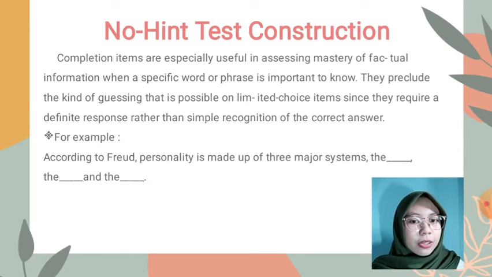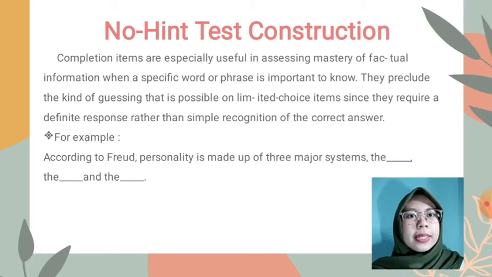Because only a short answer is required, their use on a test can enable a wide sampling of content. A completion item requires the students to answer the question or to finish an incomplete statement by filling in the blank with the correct word or phrase.